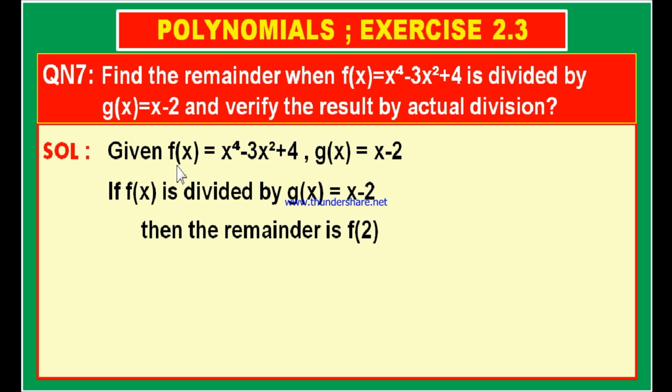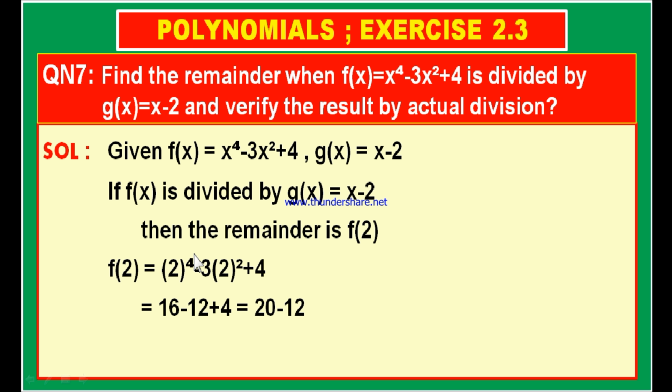Therefore, let us consider this polynomial x power 4 minus 3x square plus 4, and in the place of x you substitute 2 now. f of 2 is equal to 2 power 4 minus 3 into 2 square, and this is plus 4. What is 2 power 4? 2 into 2 into 2 into 2. 2 twos are 4, 4 twos are 8, 8 twos are 16.